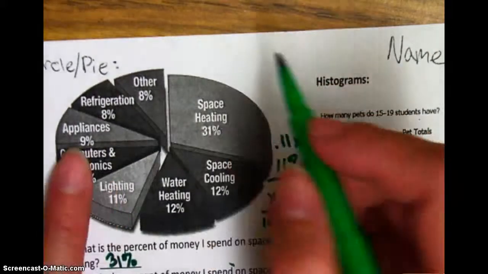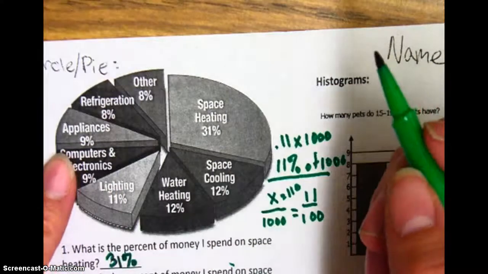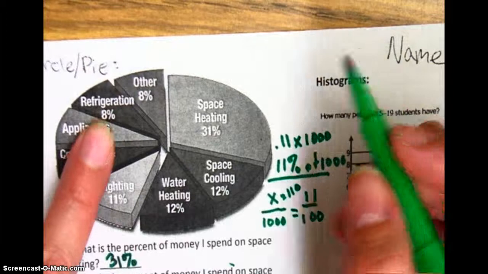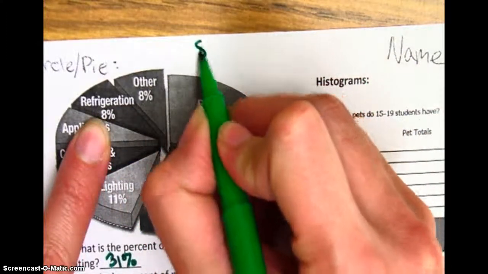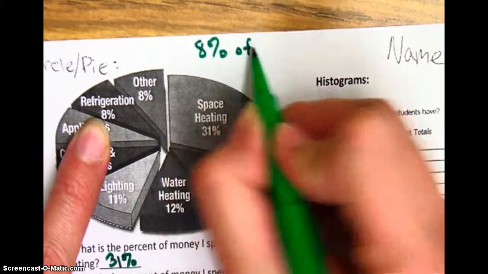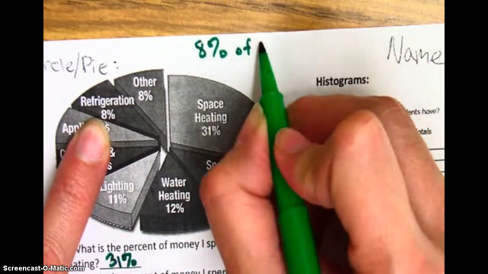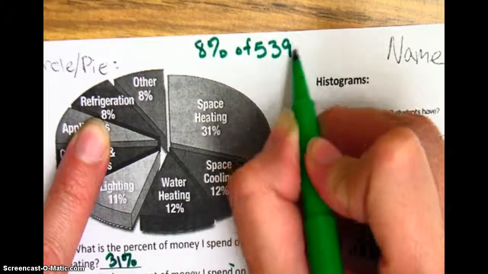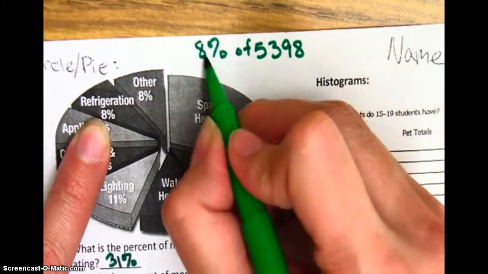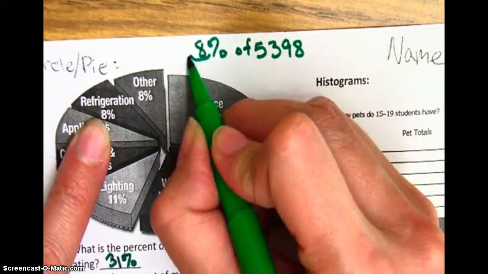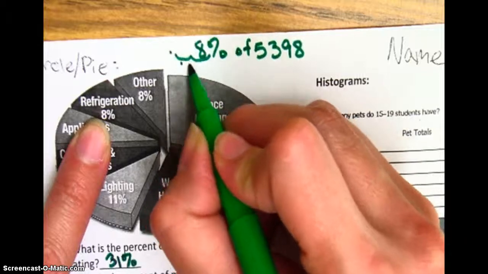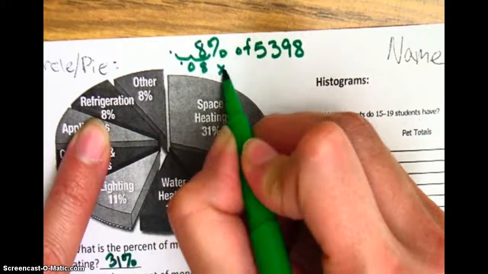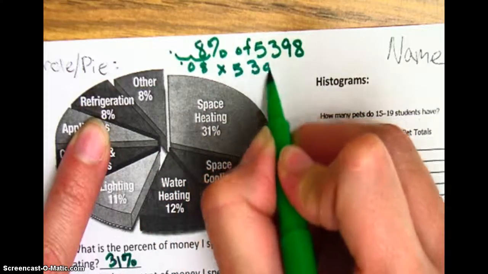So again, we're looking at refrigeration, which is 8%. So 8% of the amount of money, which is 5,398. You change your percent to a decimal, which means you move this decimal over twice. You get 0.08 times 5,398.